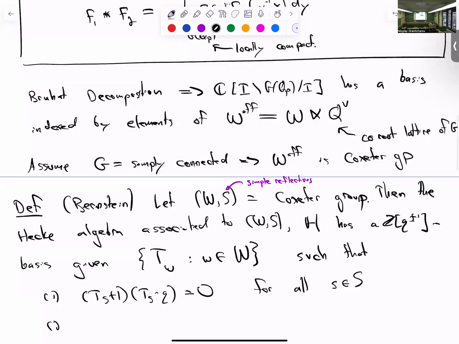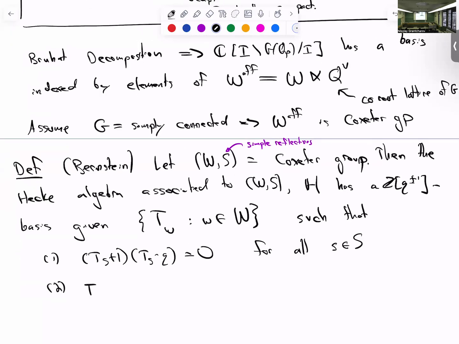And the second relation is that you can multiply generators when the lengths add. So T_y times T_w is T_{yw} if the length of y plus the length of w is the length of yw.